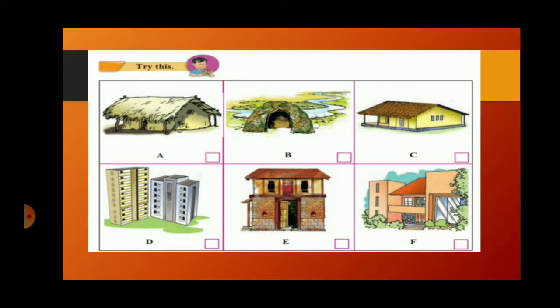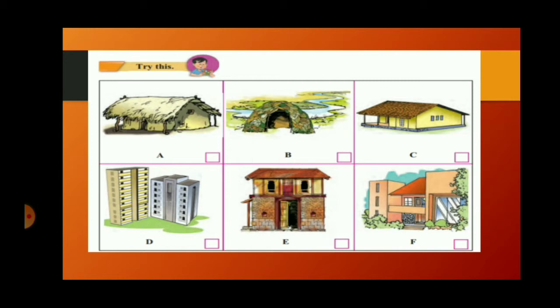Generally, houses in villages are built using materials like bricks, roof tiles, tin sheets, etc. And houses in cities are built using materials like bricks, cement, iron, floor tiles, glass, sand, etc. A house protects us from the sun, the wind, the cold and the rains. It also protects us from wild animals and keeps us safe from antisocial elements.